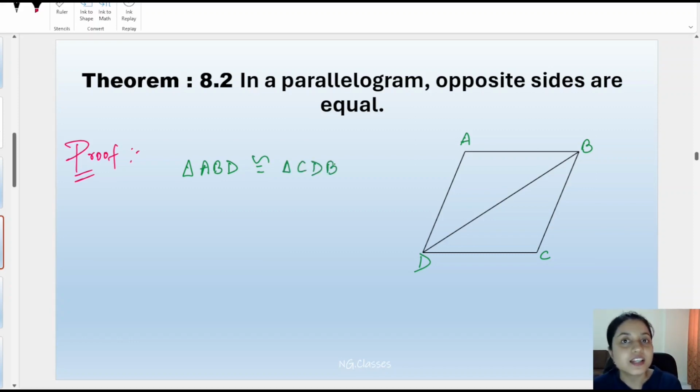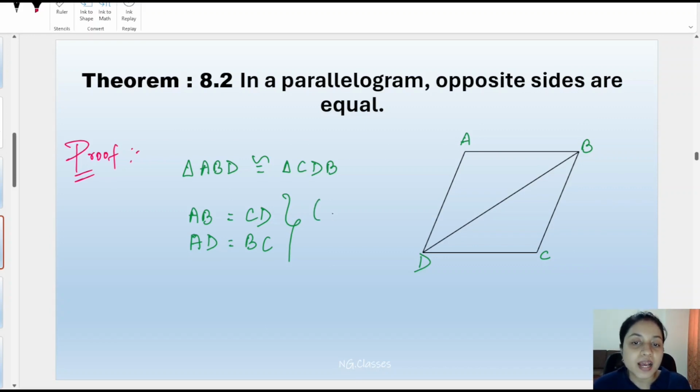Since these two triangles are congruent with each other, we can say that AB is equal to CD, and also AD is equal to BC, because both are corresponding parts of congruent triangles, right? By CPCT, which means corresponding parts of congruent triangles. And hence we are done with this proof.